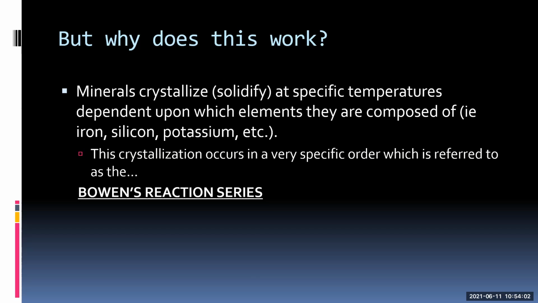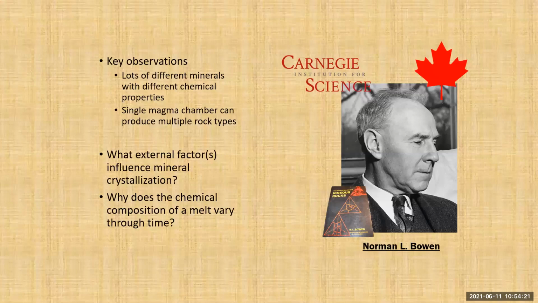That happens in a very specific order, and that order is referred to as, you guessed it, or maybe you read it right here on the slide, Bowen's reaction series. Bowen's reaction series.